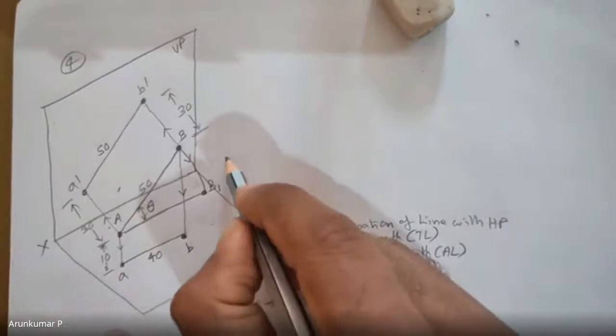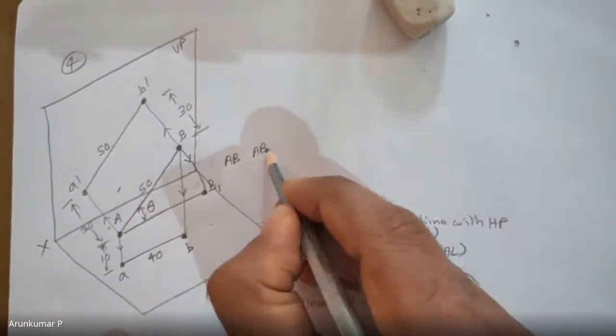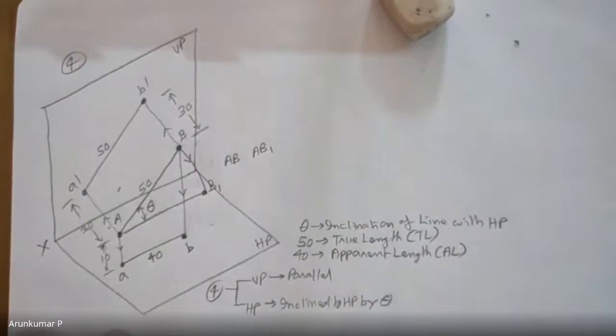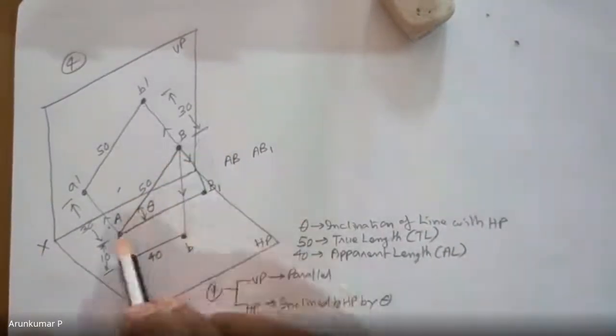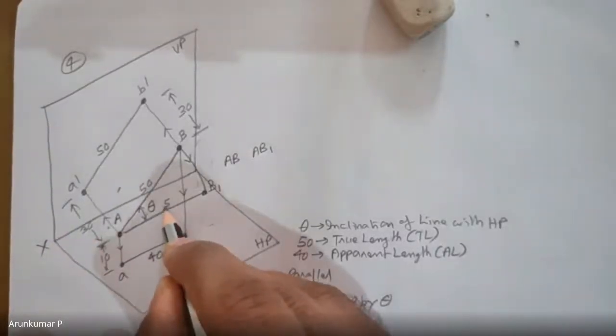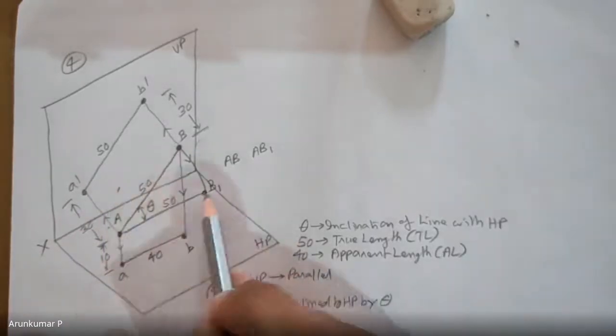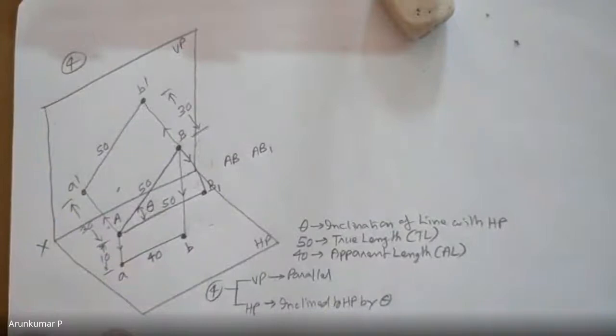Now tell me, what is the difference between AB and AB1? Are the lengths the same? This was 50. Is this also 50? Yes, sir. Or is it more or less?